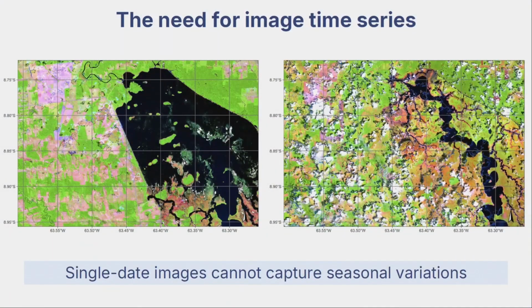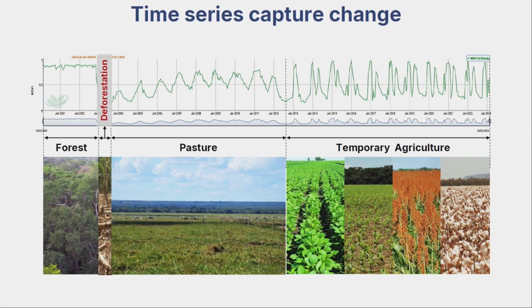For example, in this image on the left side, we have one region with a flooded area, and a few months after, the same region has no water anymore. This is why time series information is interesting: we are able to use it to detect or map this kind of object.